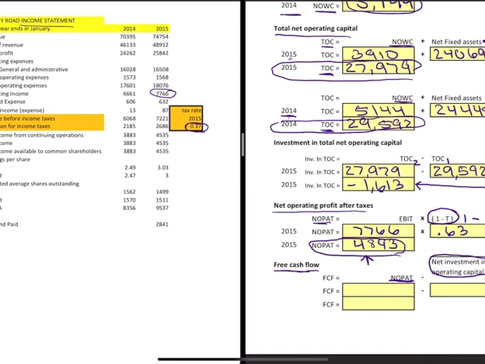So we're going to take the 4,893 and subtract the negative 1,613. Okay, so when we do 4,893 minus a negative 1,613, we're going to get 6,506.